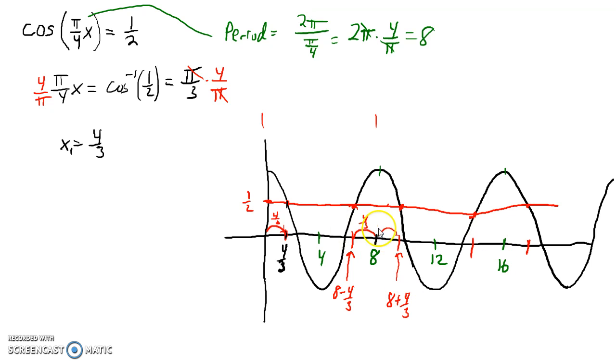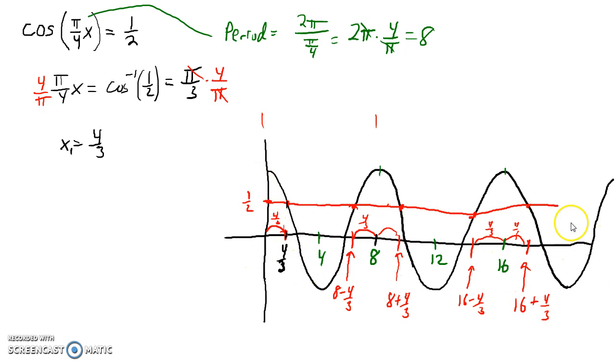This one, again, using the same symmetries, this and this are also 4/3, 4/3. And so this solution here is 16 minus 4/3. This solution here is 16 plus 4/3. And there we go. There are solutions 1, 2, 3, 4, 5.